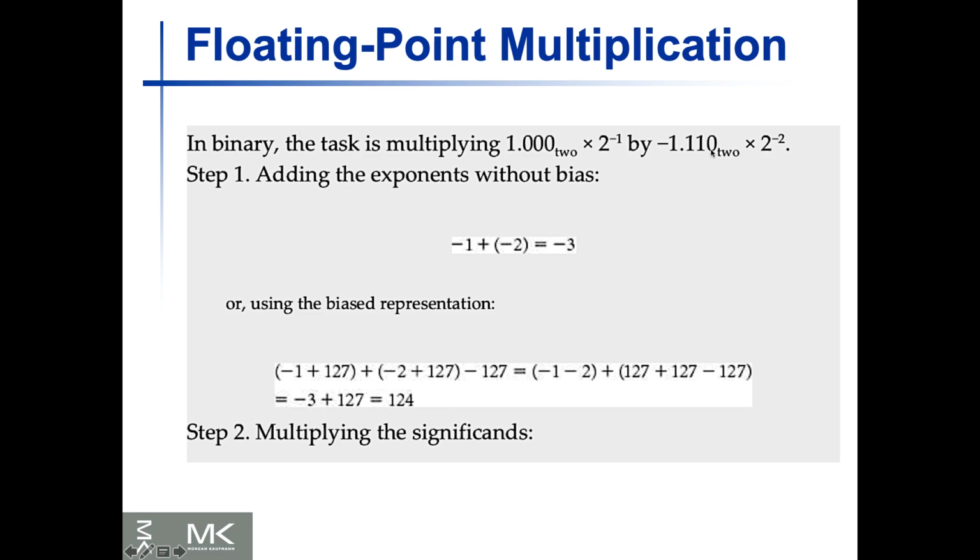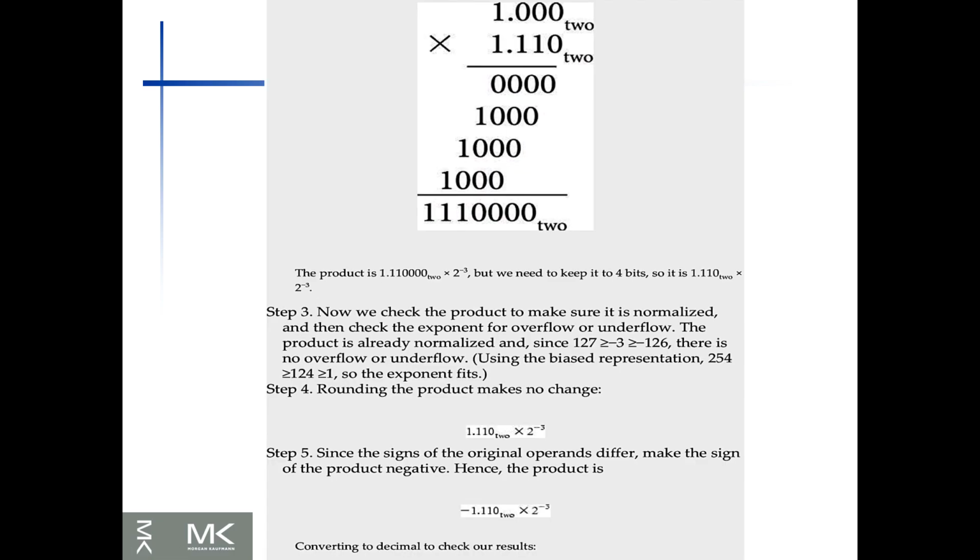Then what you need to do is multiply the significands. You remember that the steps were as follows. You check from right to left. If the first bit was 0, you have a 0 line the size of the significand. So now we have 4 zeros because this one was 0. You shift right again. You have this 1 over here, so the 1 copies the same amount as the first one.